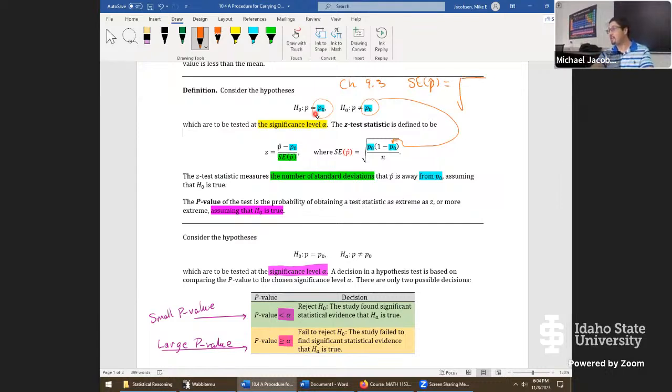So we calculate the standard error here by putting p hat, 1 minus p hat, divide by the sample size n. And that's pretty confusing because this is the topic on the upcoming exam. This is the topic that would be on the final exam. But you wouldn't have a p naught value, so there might not be as huge of a danger of the confusion. Any questions so far, folks, about that standard error?